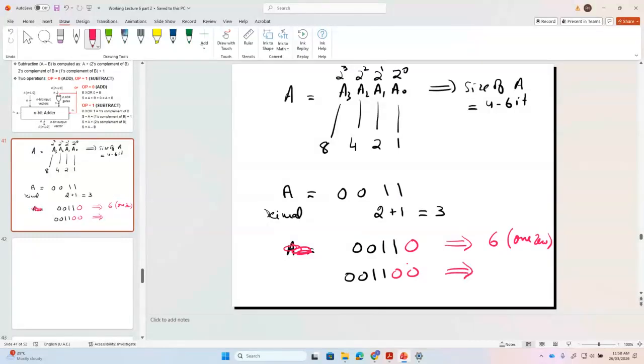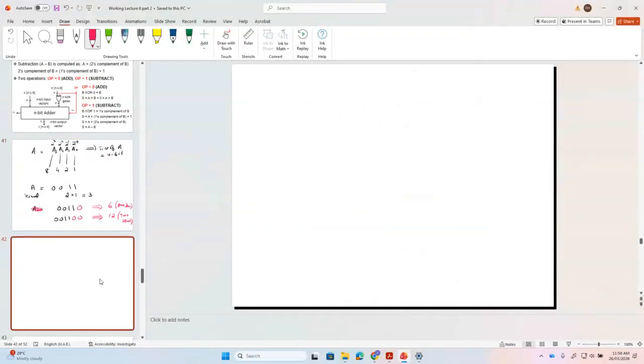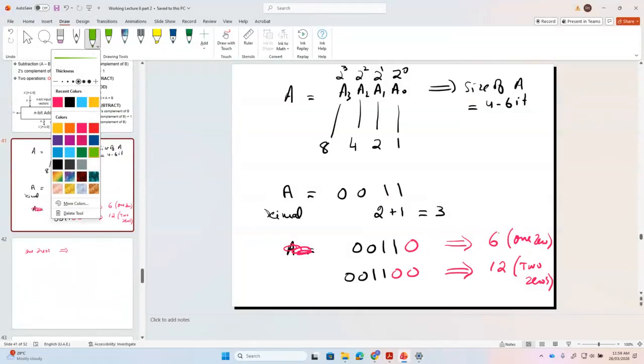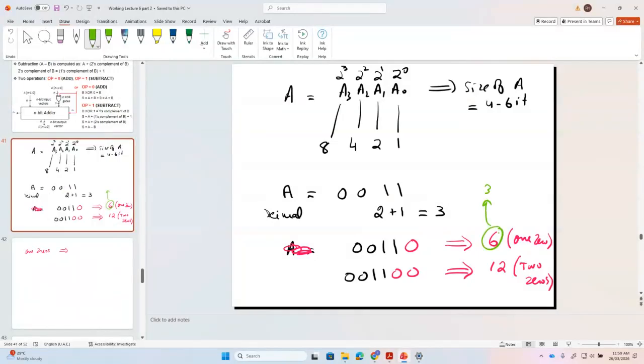So if we put 1, 0 in the end, what is this 6? It is 3 multiplied by 2. And what is 12? It is 3 multiplied by 4.